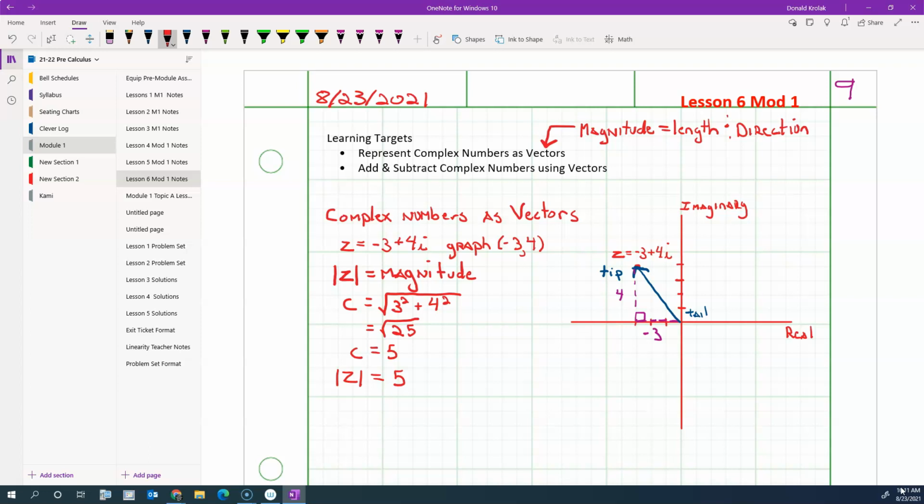Okay, now there's another type of notation that's also used.